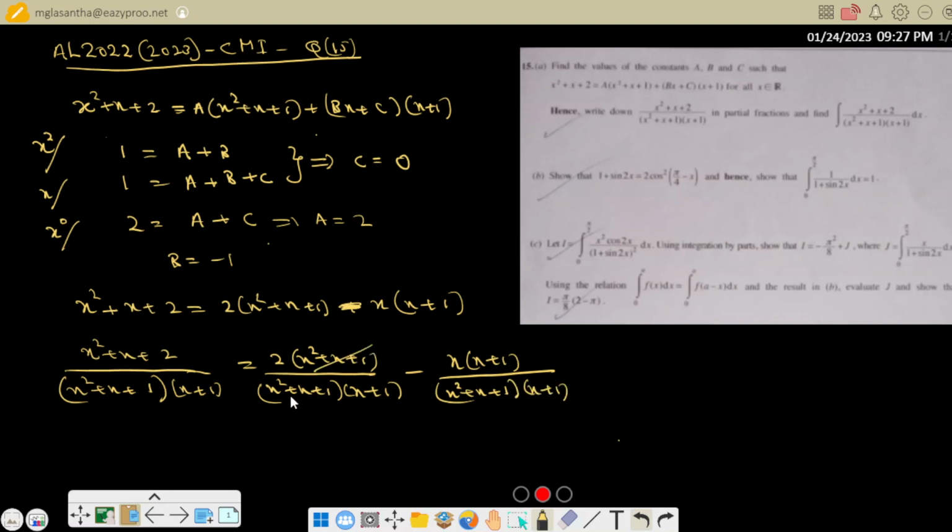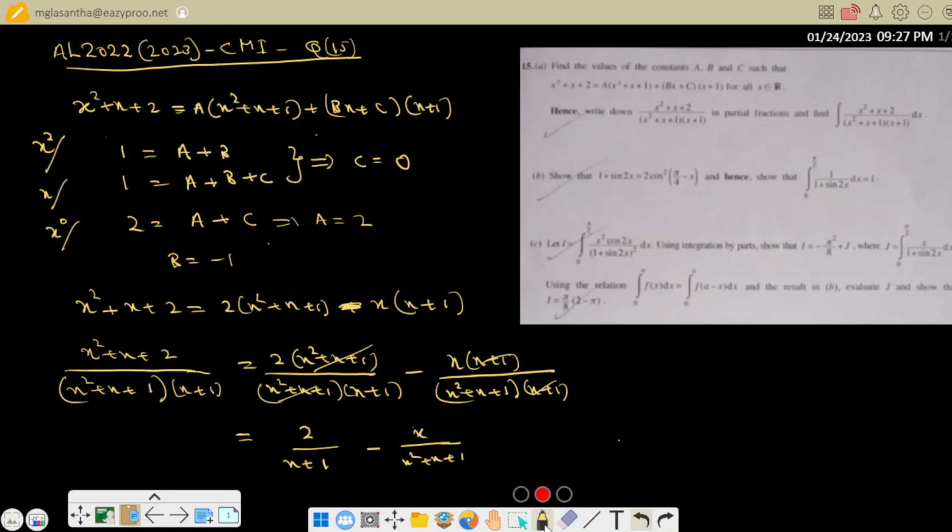Now this term gets cancelled and this term gets cancelled. Now you have the partial fractions: one term is 2 over x plus 1, minus the other term, x over x squared plus x plus 1.